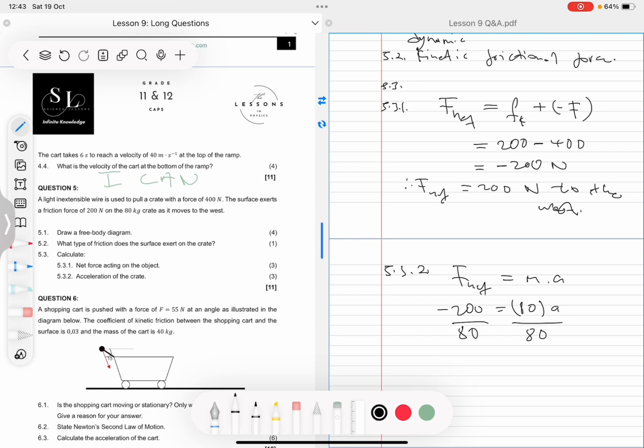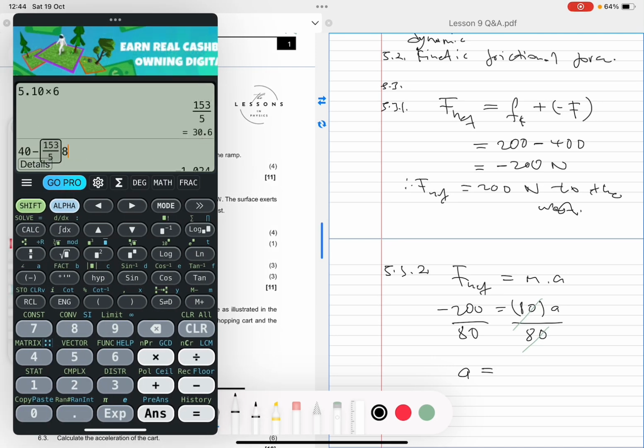I'm going to divide by 80 on both sides so that the 80 cancels and I am left with a, which gives me 200 divided by 80. This gives me 2.5 meters per second squared. Remember, there's a negative there, because we have a negative 200.